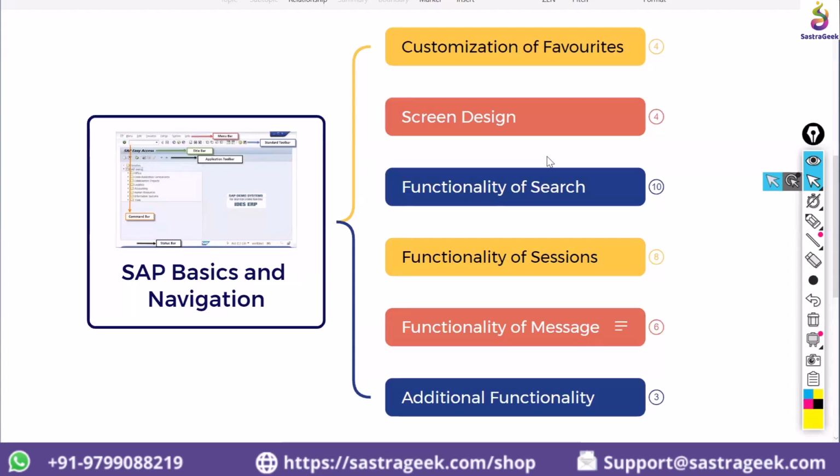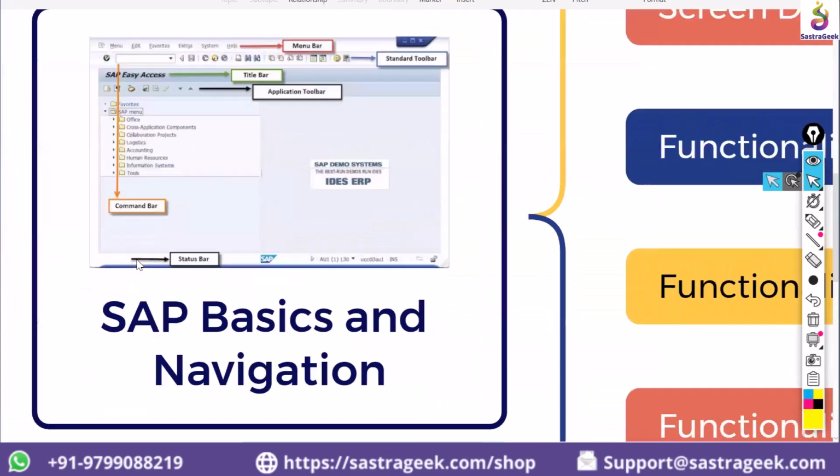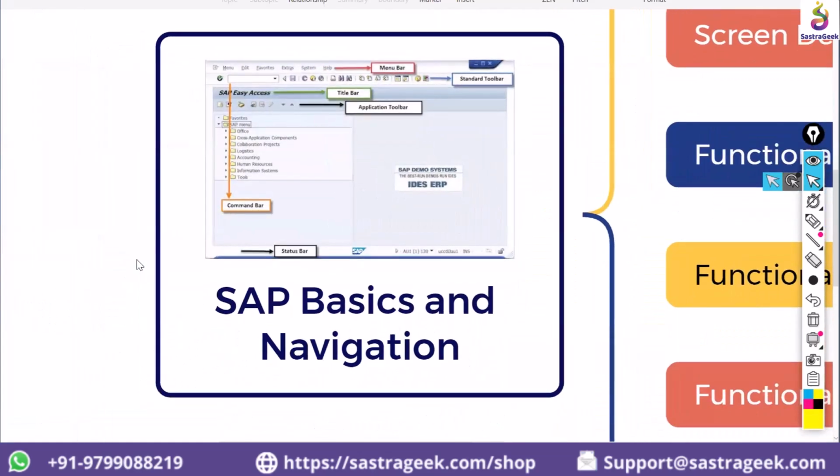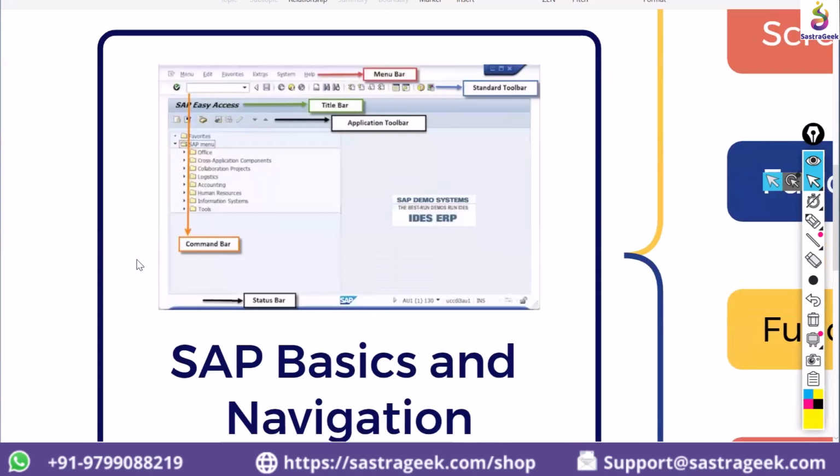Just quickly, I hope my screen is visible to all of you, right? If you can see over here, this is an initial SAP screen where we can find how many menu bar, standard bar or toolbar options we have. There is Menu, Edit, Favorites, Extras, System, Help.